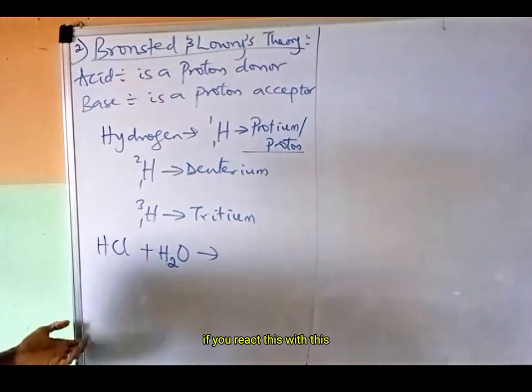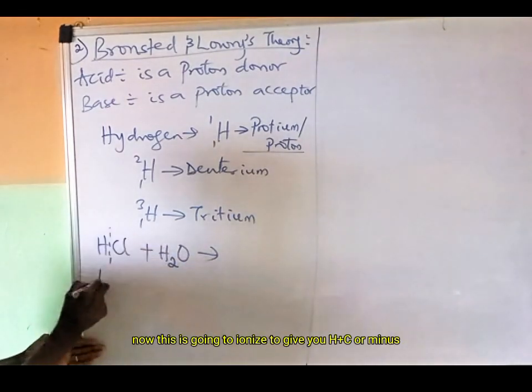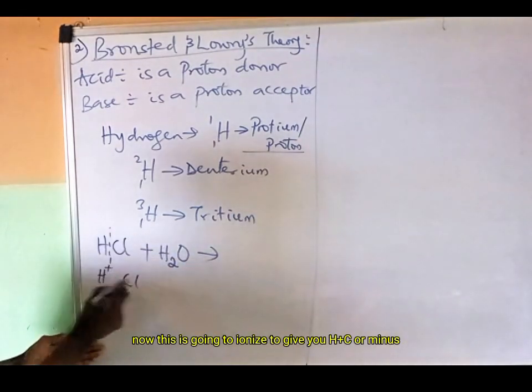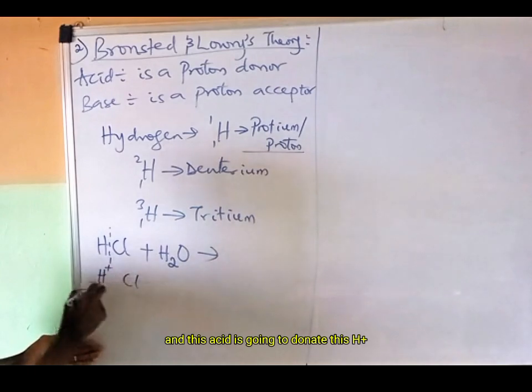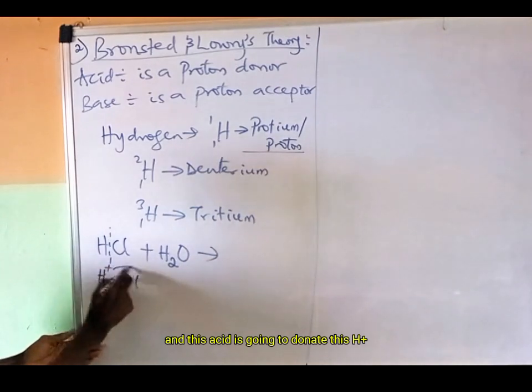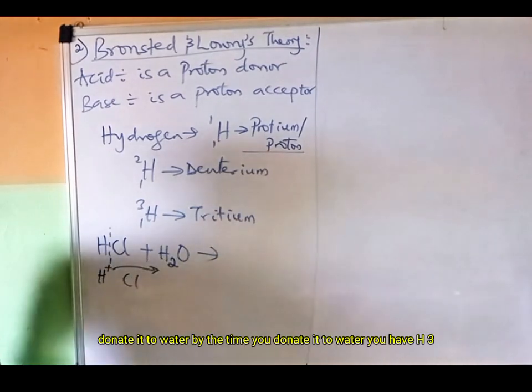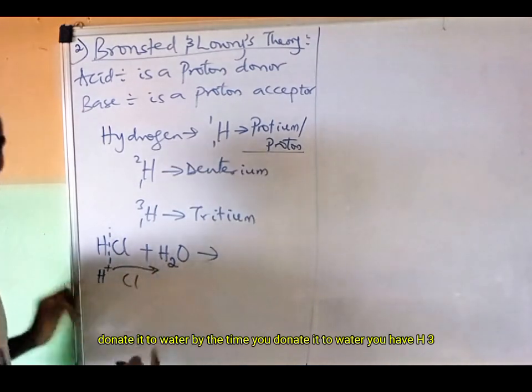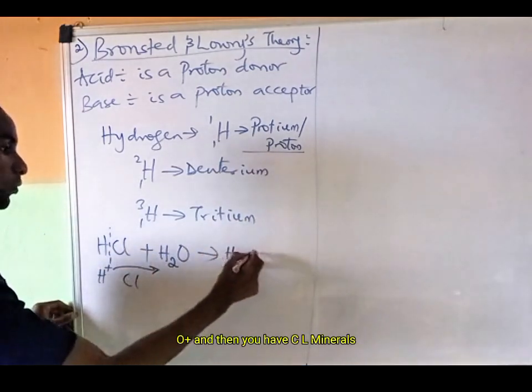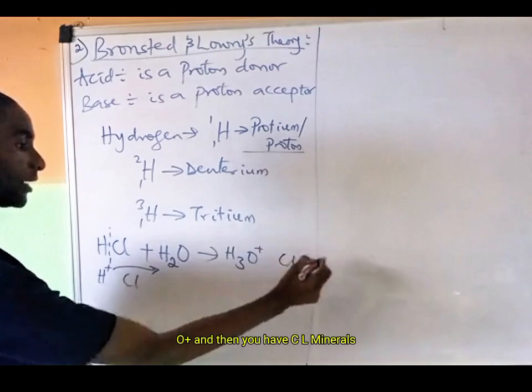If you react this with this, HCl is going to ionize to give H plus and Cl minus, and this acid is going to donate this H plus to water. By the time it donates it to water, you have H3O plus, and then you have Cl minus.